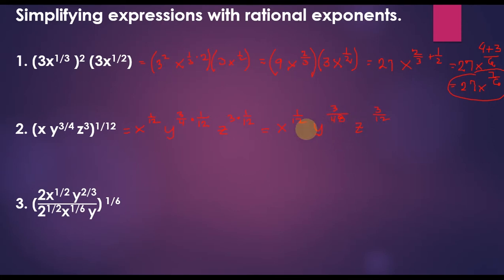Now we simplify. Equals x raised to 1 over 12. Then y, simplify 3 over 48, that is 1 over 16. And then for z, we have 3 over 12, which is 1/4.